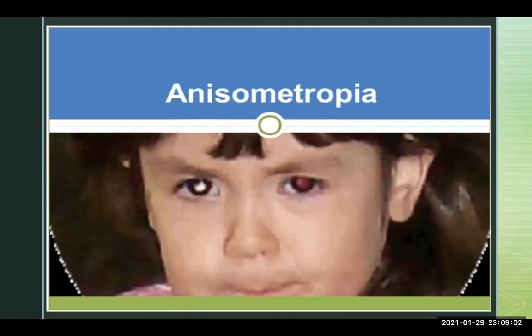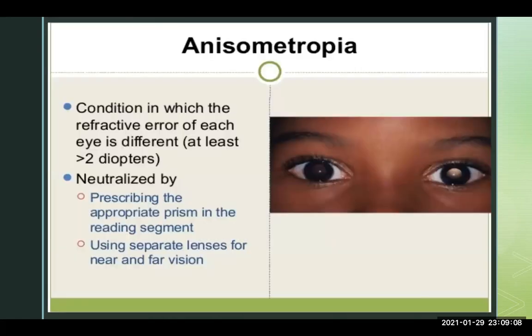One of the exceptional types of refractive errors is anisometropia. Anisometropia: an means not, iso means similar, metropia means refraction.